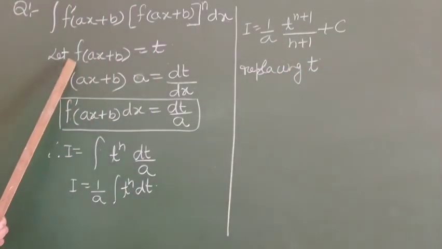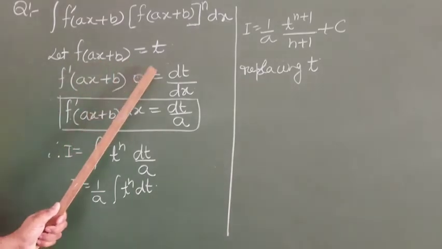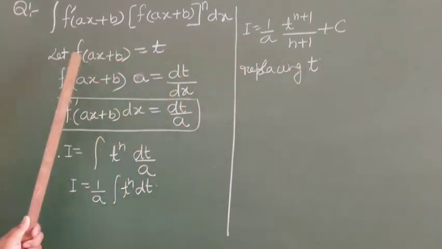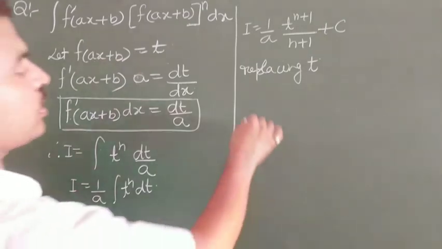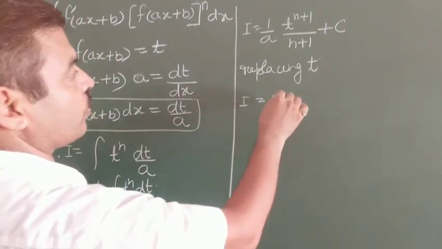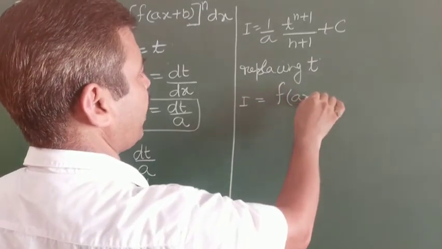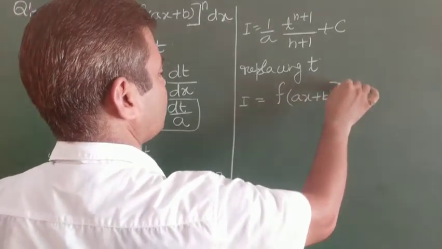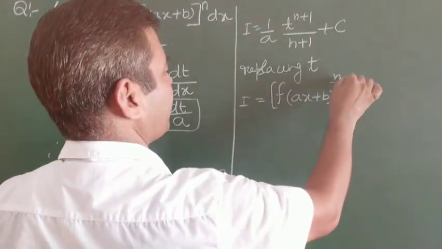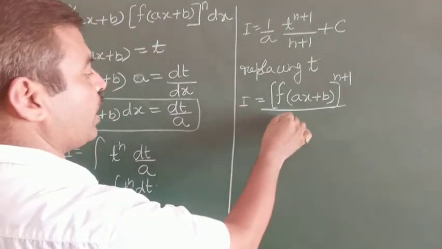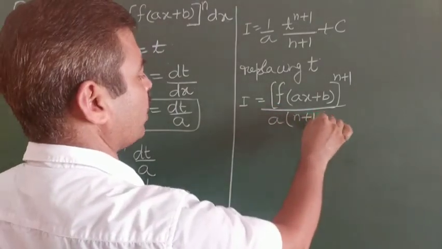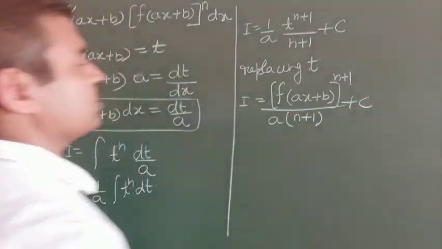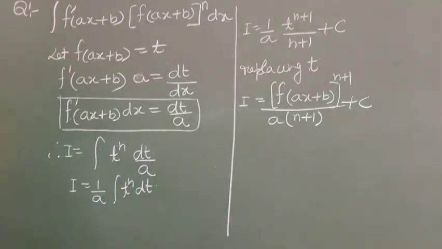We have supposed f ax plus b equal to t, so in place of t we can write f ax plus b. So I equals f ax plus b to the power n plus 1 upon a into n plus 1, plus c. This is the answer.